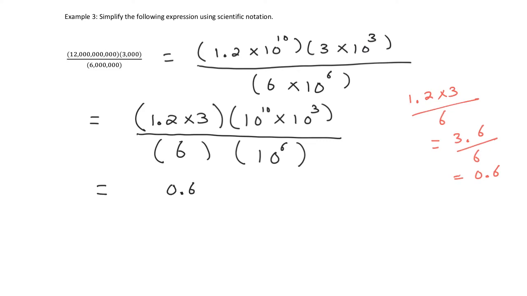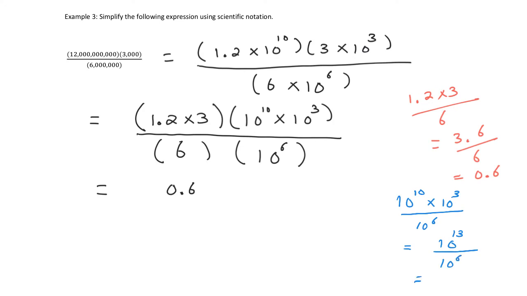Now I have to figure out what's going on with this part here. I'll do that off to the side too. So I have 10 to the 10th times 10 to the 3rd divided by 10 to the 6th. For the numerator, it's just like the last problem where I have 10 to the 10th and 10 to the 3rd. I know it's 10 to the power of 13 divided by 10 to the 6th.